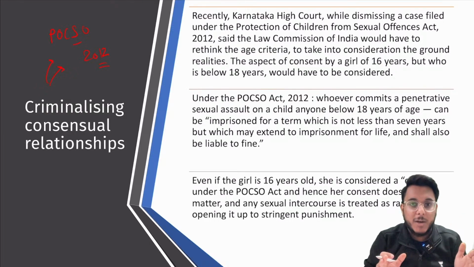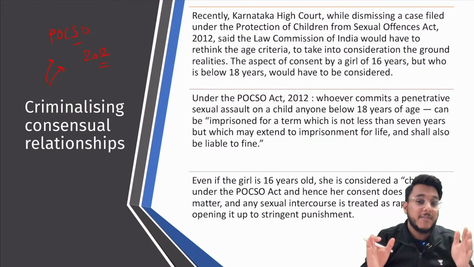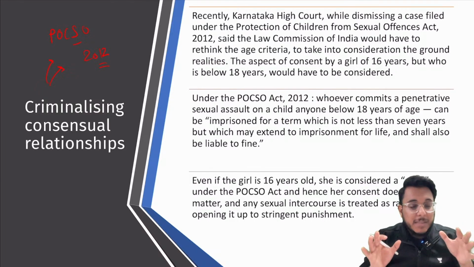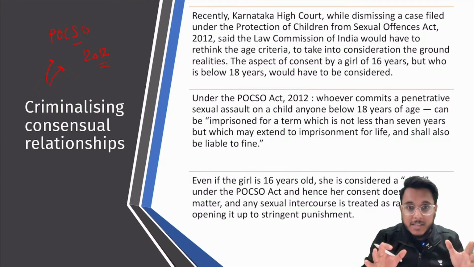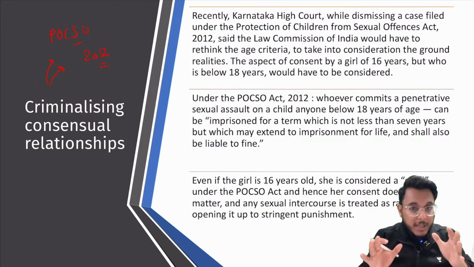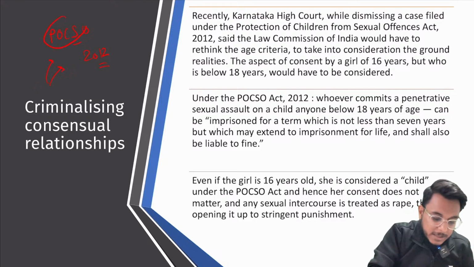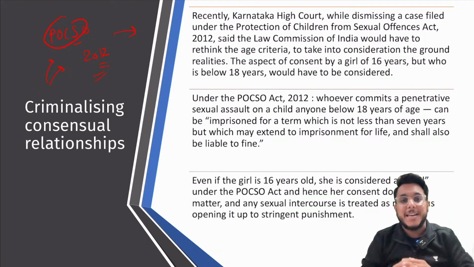But before the POCSO Act of 2012, the general provisions of IPC, for example, Section 154, Section 375, Section 376, 377 were there. But these provisions of IPC were not very sensitive to children. So therefore, for the protection of children from sexual offences, a specific act, that is POCSO 2012, came into existence.